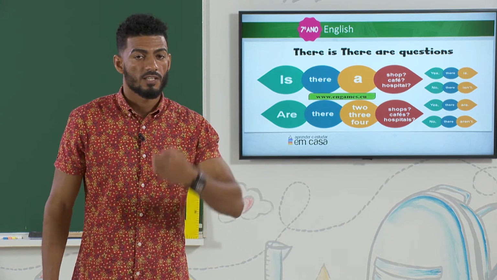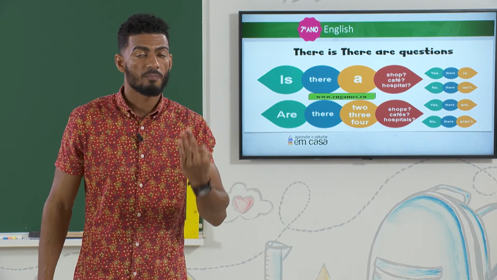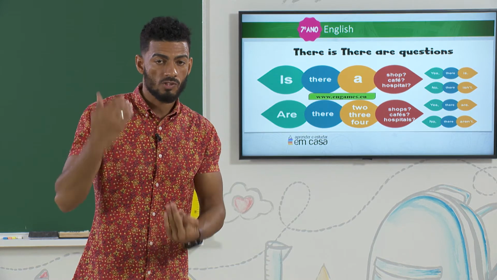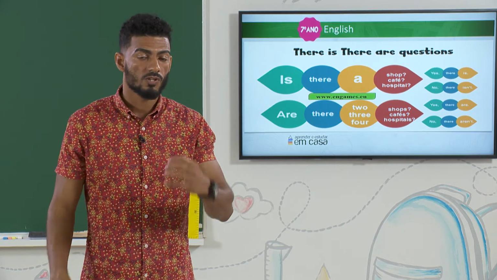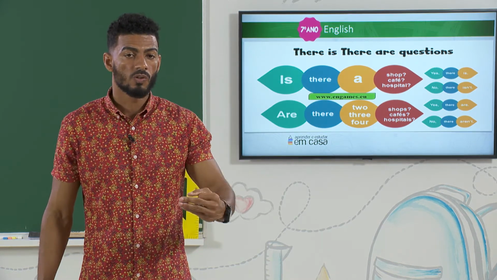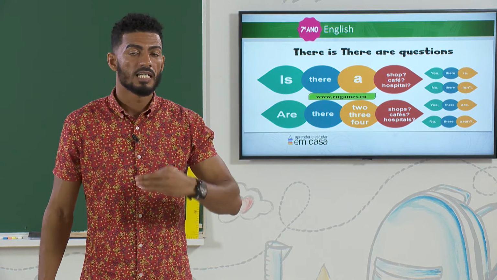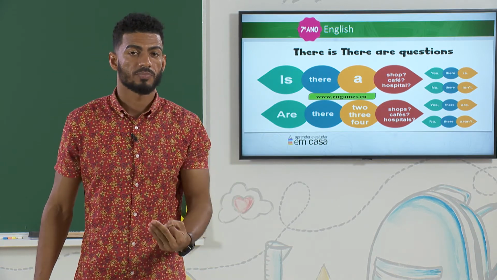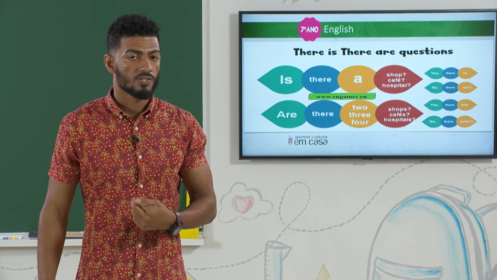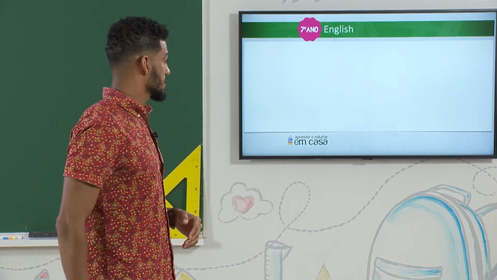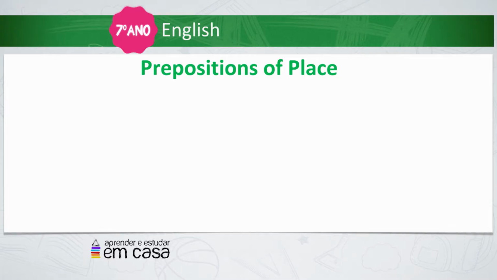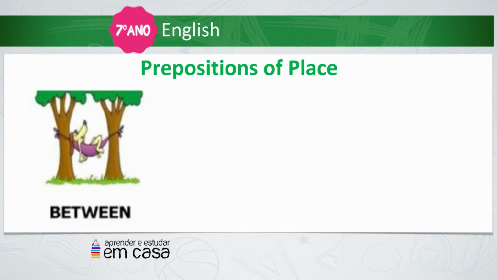Great. If you want to ask where is the school, you can say this school is behind the book shop. Great. So let's see some prepositions of place that you have.